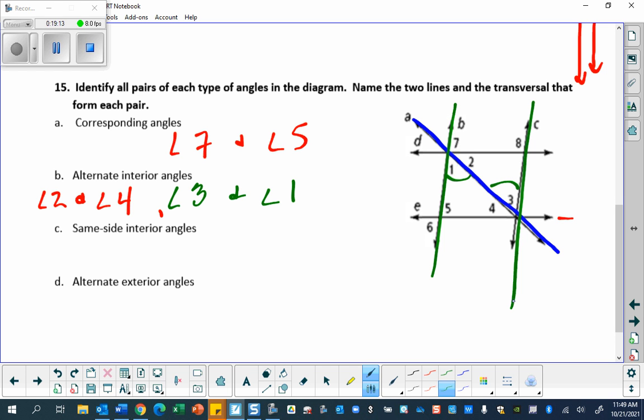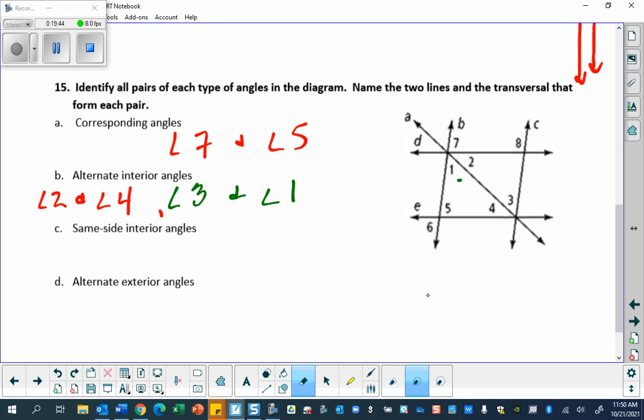Okay. Same side interior angles. I'm seeing... let's get rid of our colors.